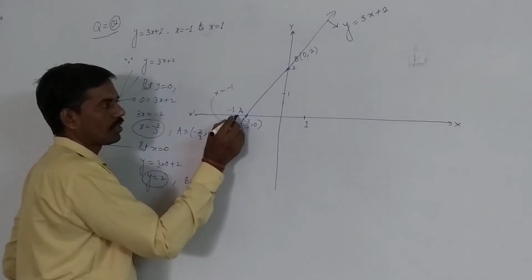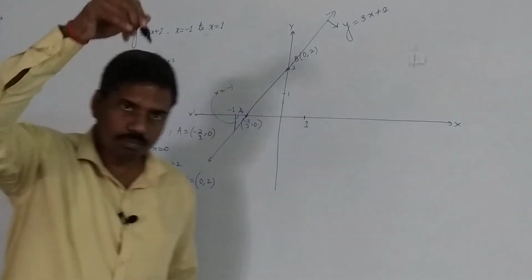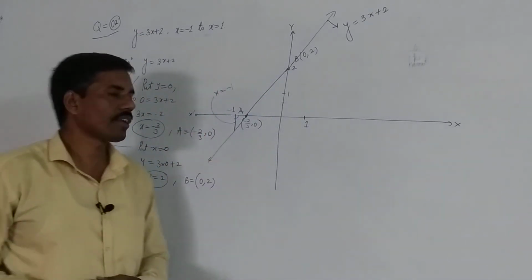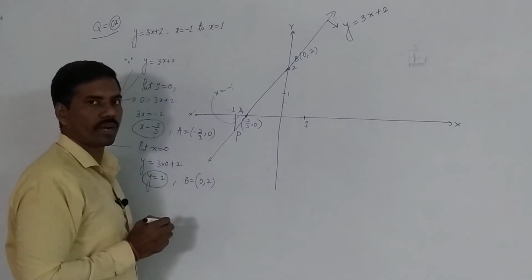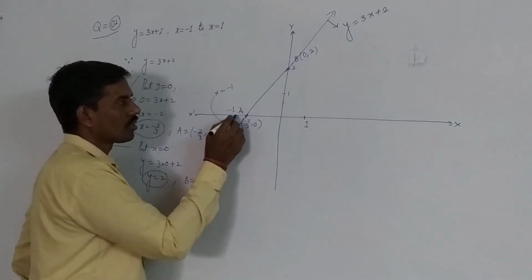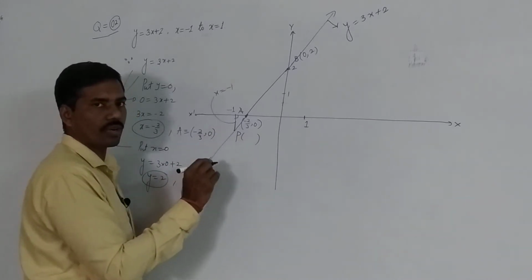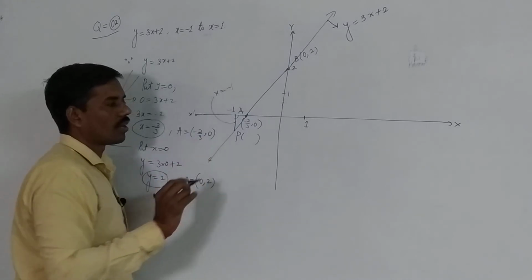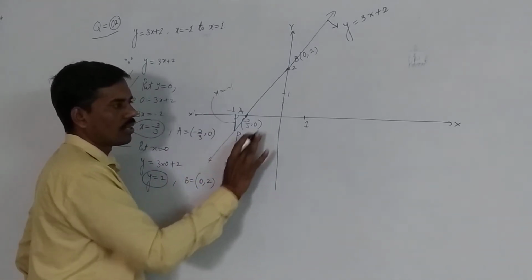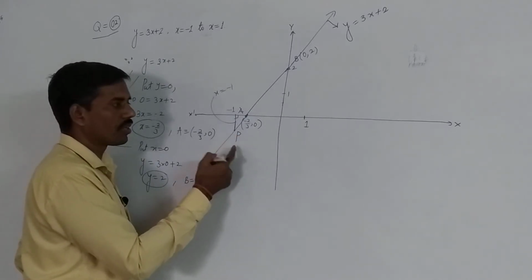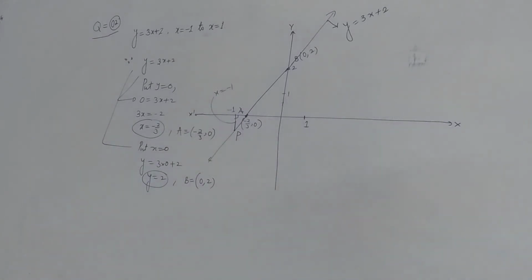If we draw a perpendicular at the point minus 1, we get a point P whose coordinates are an x coordinate and a y coordinate. We have no need to find the coordinates of point P.